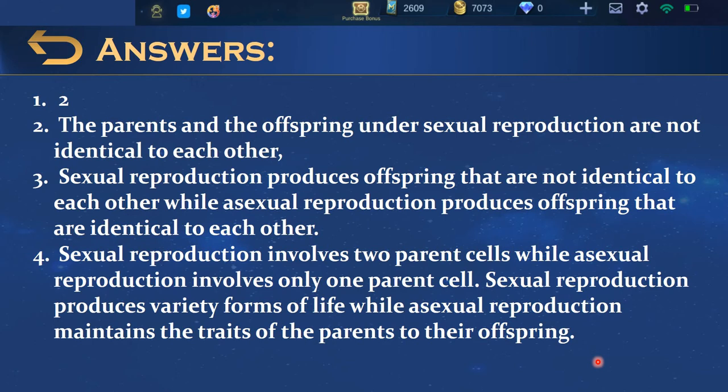Number 4 answer. Sexual reproduction involves two parent cells, while asexual reproduction involves only one parent cell. Sexual reproduction produces variety of forms of life, while asexual reproduction maintains the traits of the parents to their offspring.